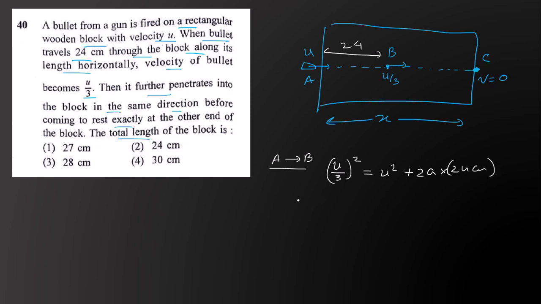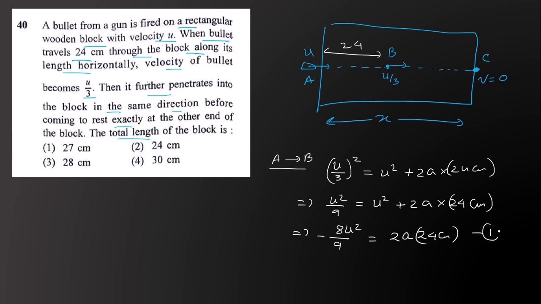Keep it as centimeter. So this is u square by 9 equal to u square plus 2a multiplied by 24 centimeter. If I take this u square this way, this will be equal to minus 8u square by 9 equals 2a times 24 centimeter. Keep it equation 1.